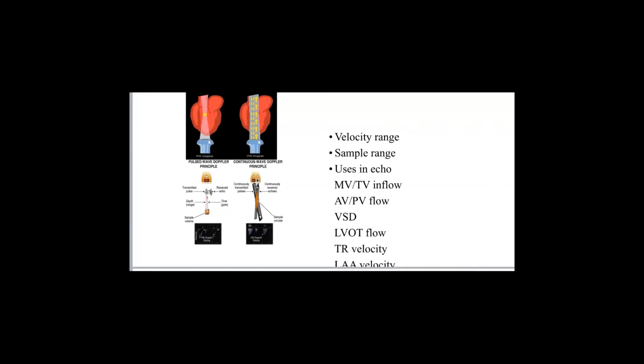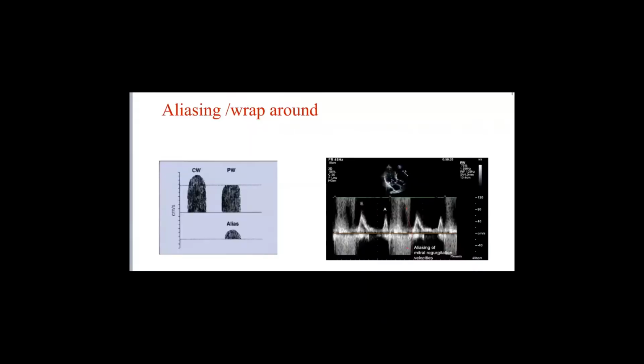Good. What is the problem of using PW in high velocity? The limitation of PW is the high velocities. Okay? So you get something called aliasing, and aliasing is a confusion of the signal.